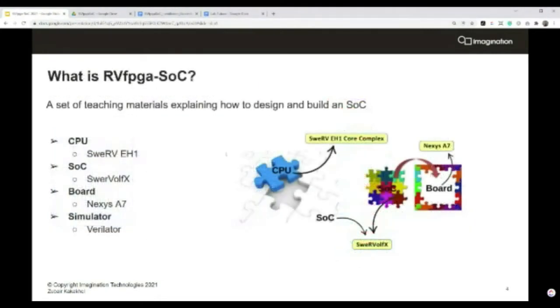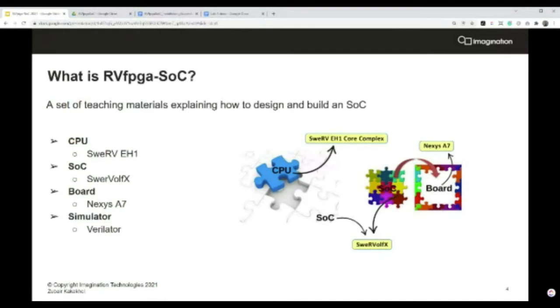All right. So what is RVfpga SoC? This is our solution for this particular challenge. It's a set of teaching materials. We take a CPU, the SweRV EH1 by Western Digital. It's an industrial CPU being used out in the field everywhere. We take a reference SoC, the SweRVolf.